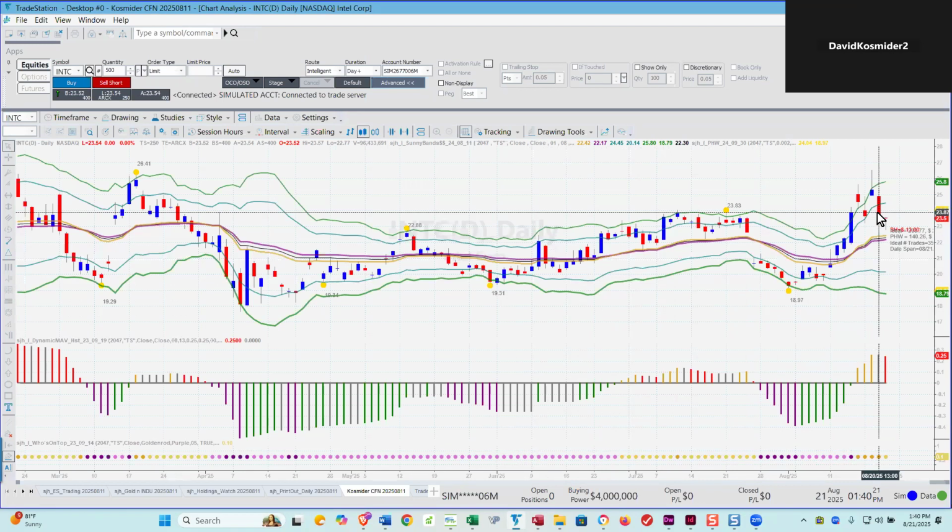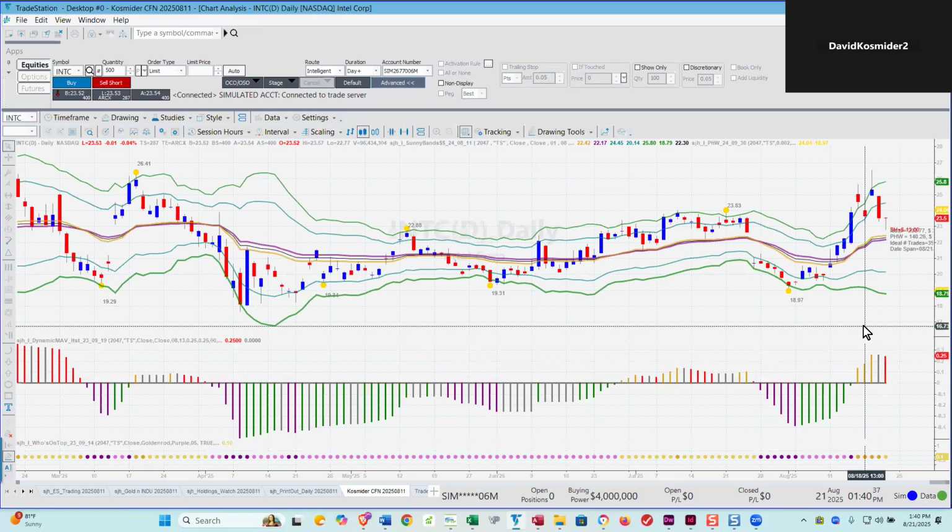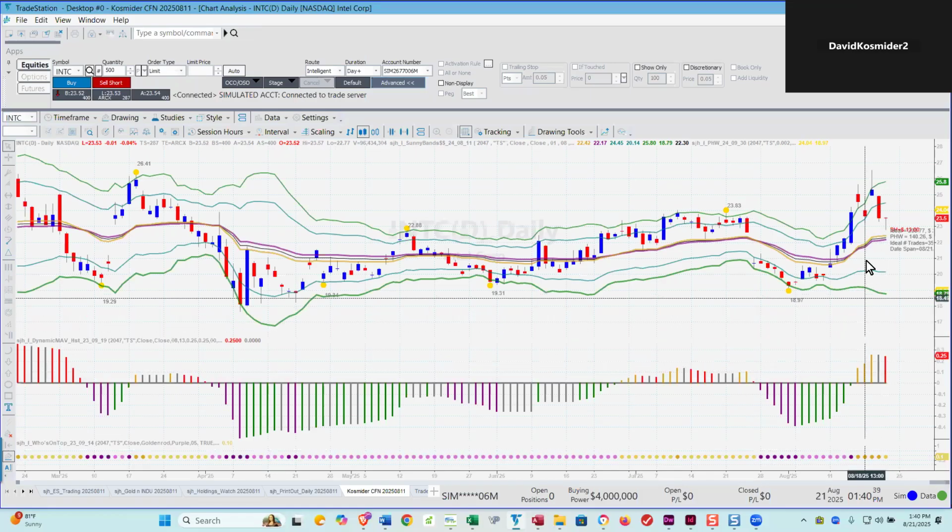And now we have the beginnings of a short signal, but we need a second bar going down, a second red bar in order to get a full sell signal. So it looks to me, and we've got a red candle on the histogram, so it looks to me like it's got farther down to go, probably to the DMA, which is at 22 something.